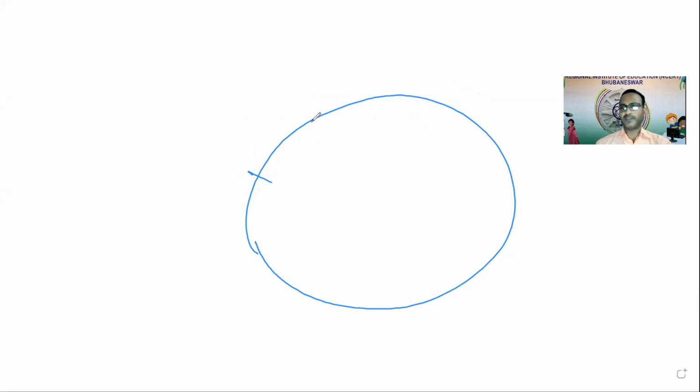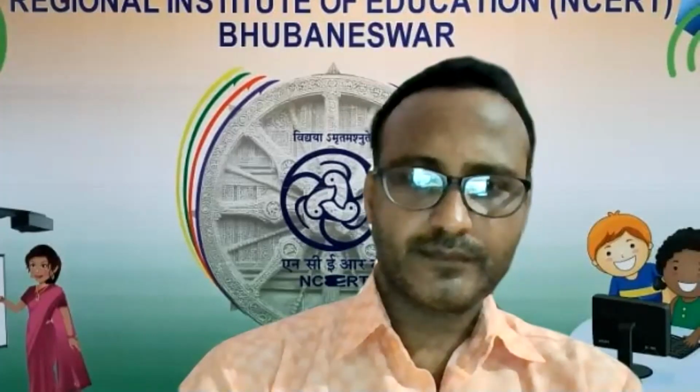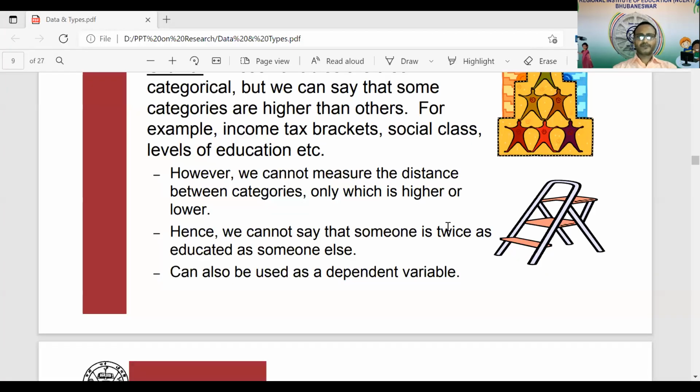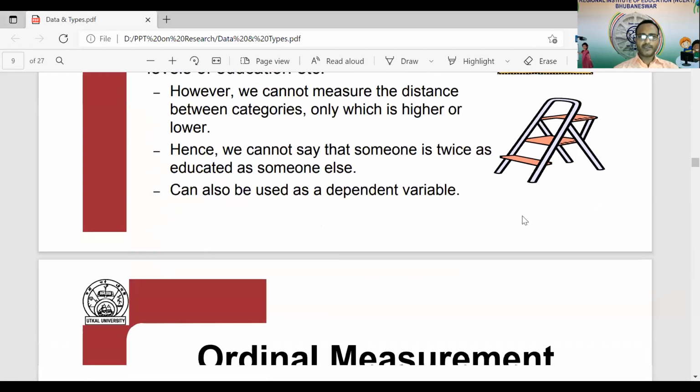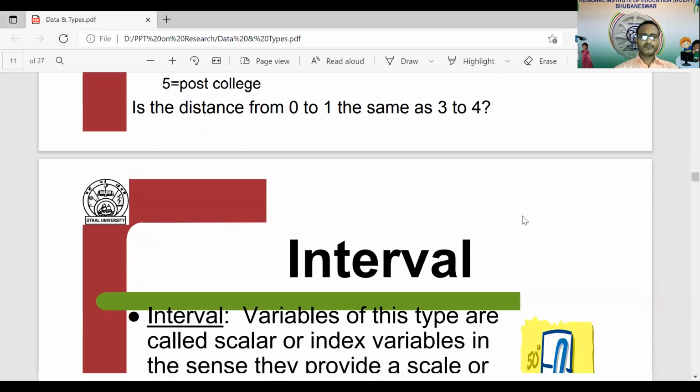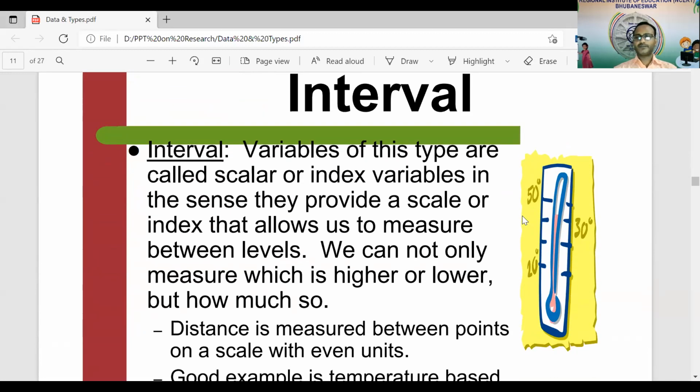So another scale of measurement we are using is the interval scale of measurement. The problem that we face in ordinal scale can be solved here.